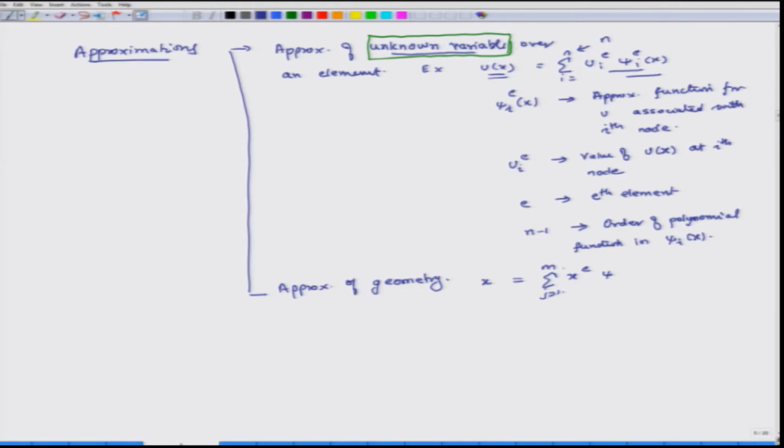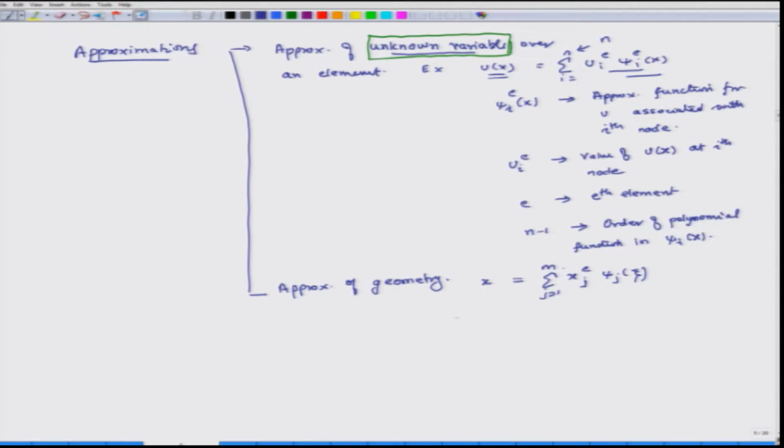So, instead I am using j. So, this is jth node, and this psi is a function of zeta, where zeta is the natural coordinate.